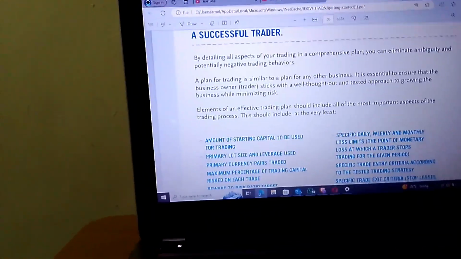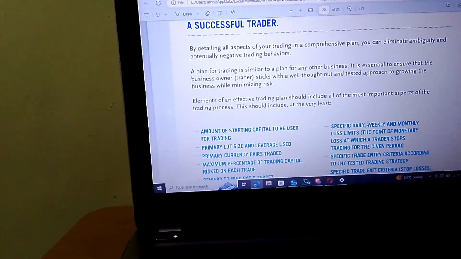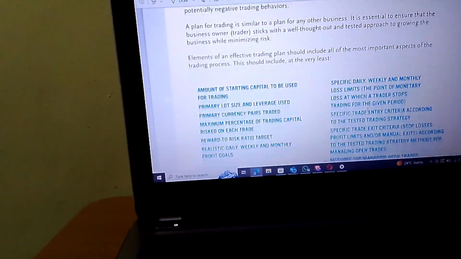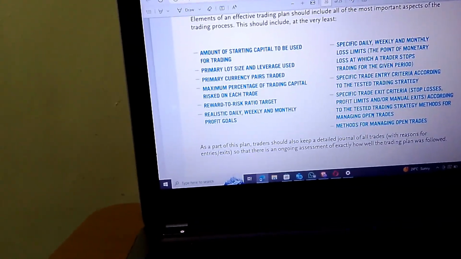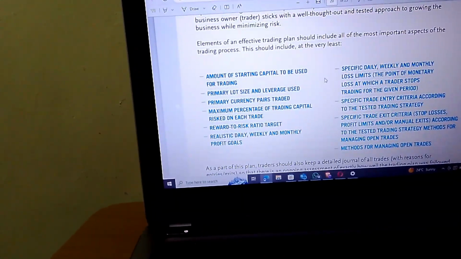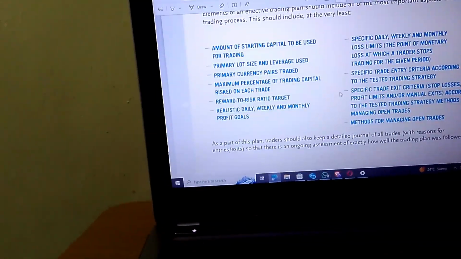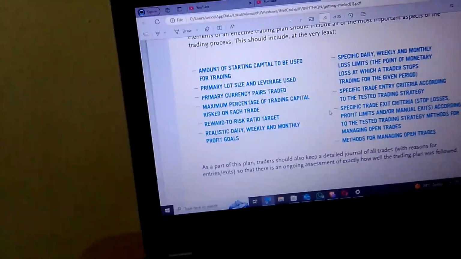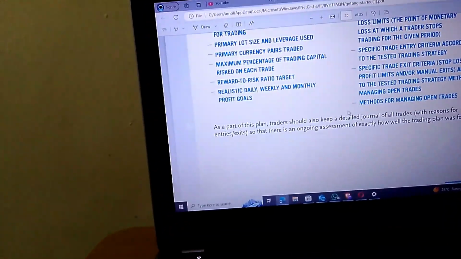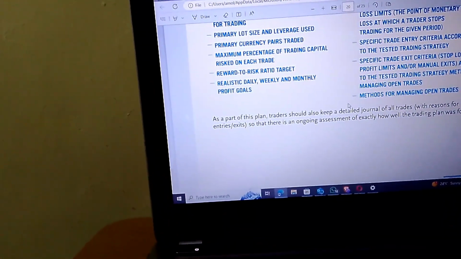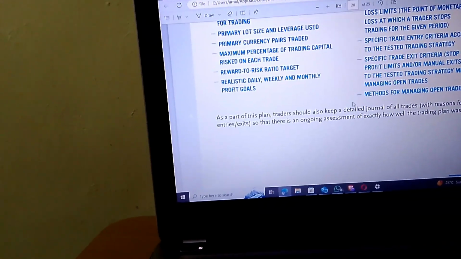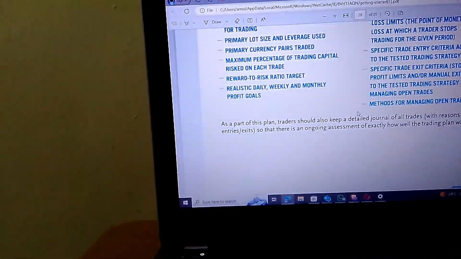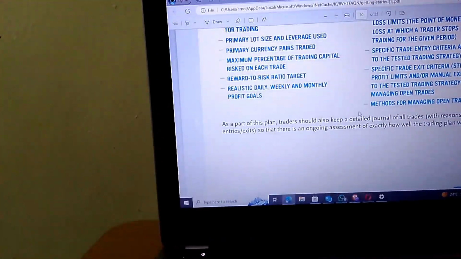So elements of an effective trading plan should include all of the most important aspects of the trading process. This should include, at the very least, amount of starting capital to be used for trading, primary lot size and leverage used, primary currency pairs traded, maximum percentage of trading capital risked on each trade, reward to risk ratio target, realistic daily, weekly and monthly profit goals.